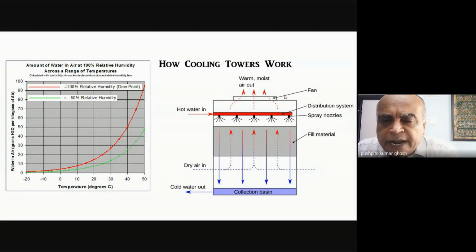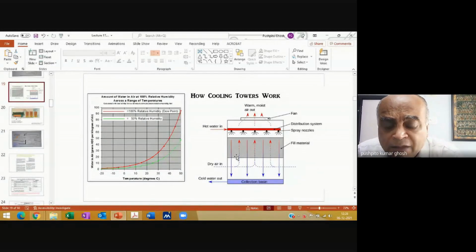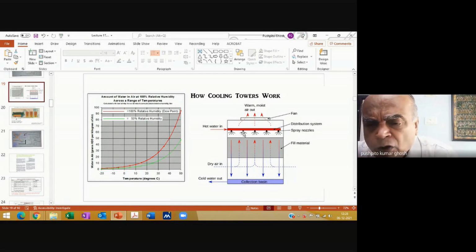If you do it adiabatically, that is Q is equal to 0, what you have is that you take this hot water from your industries or power plant and you are pouring it from the top of this cooling tower, and from the bottom you are passing dry air. When I say dry air, it could even be normal air.